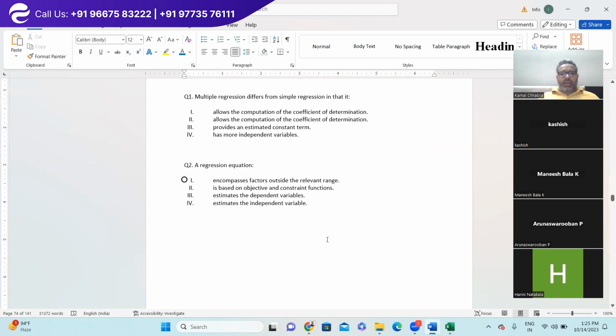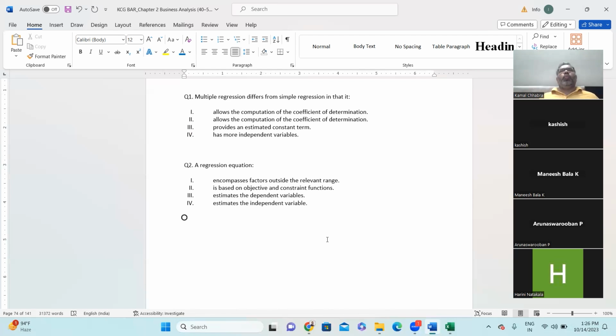Okay. Second question is regression equation. A regression equation encompasses factors outside the relevant range, is based on objective and constant functions, estimates the dependent variable, or estimates the independent variable. What does a regression equation do? What is the objective of a regression equation?